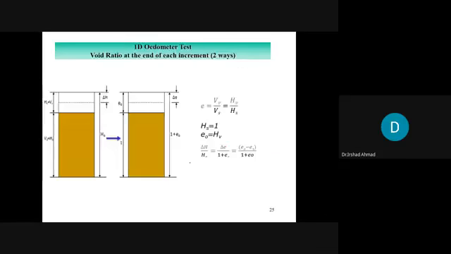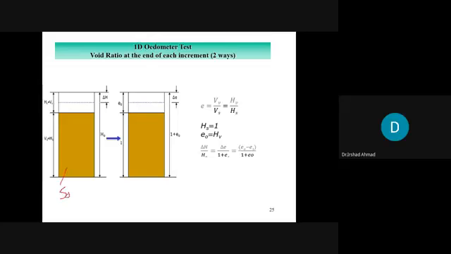Now I'm going to derive a small equation. This is a phase diagram.